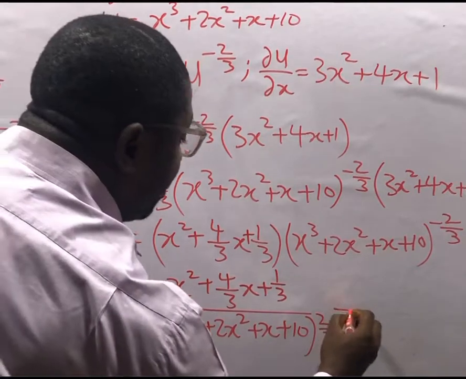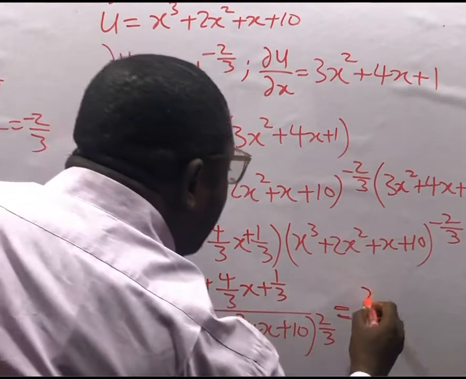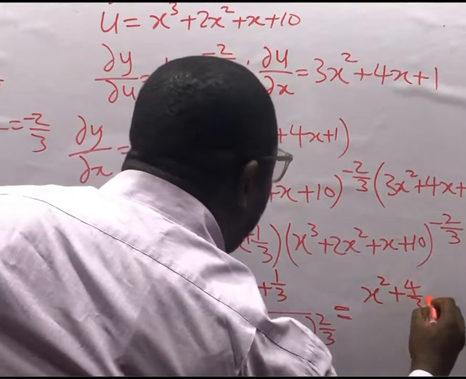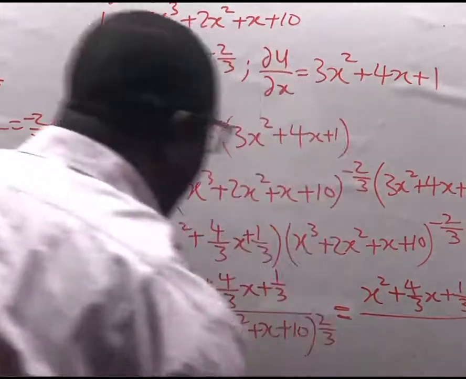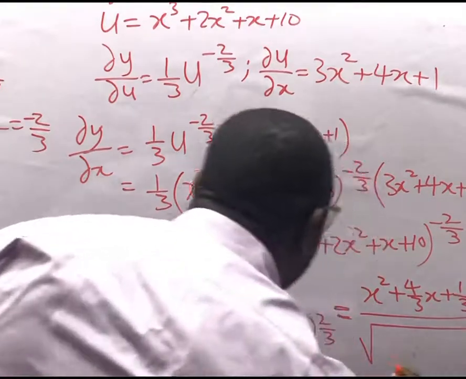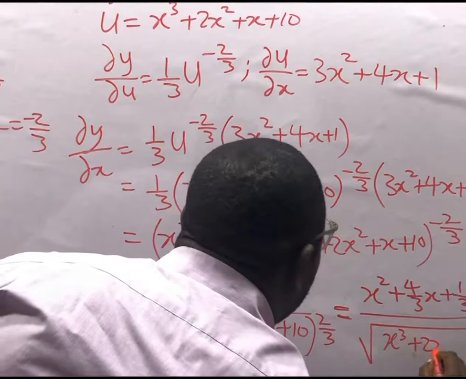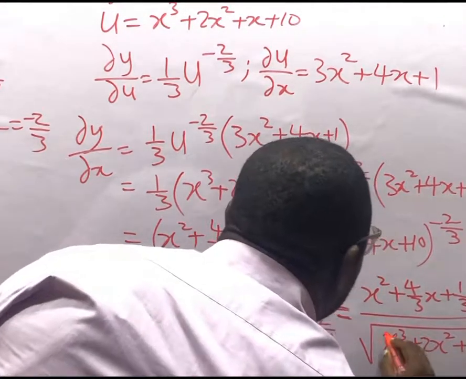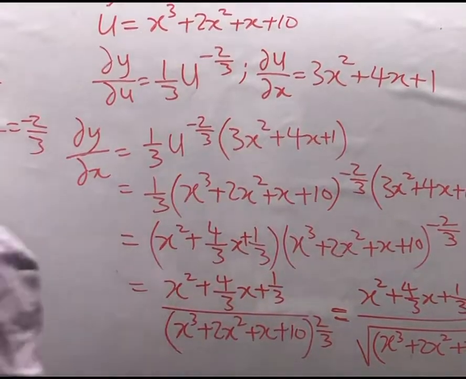Now let's rewrite this. The answer will be x all raised to the power 2 plus 4 over 3 x plus 1 all over 3, divided by the cube root of x raised to the power 3 plus 2x raised to the power 2 plus x plus 10 all squared.